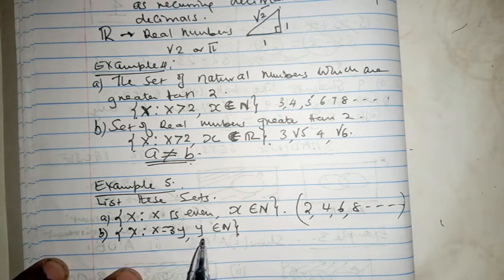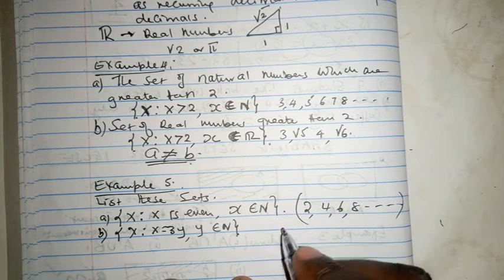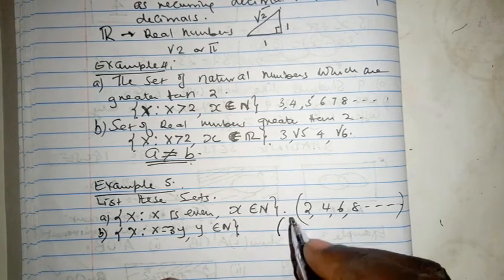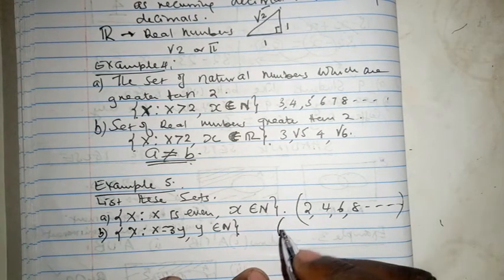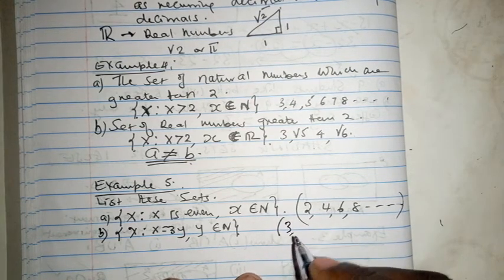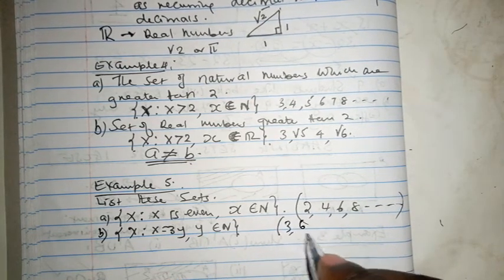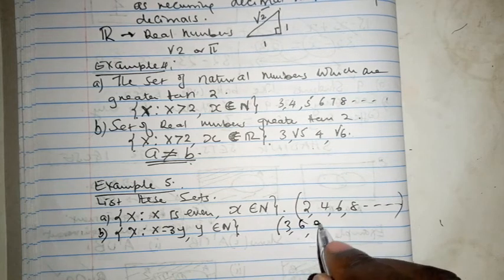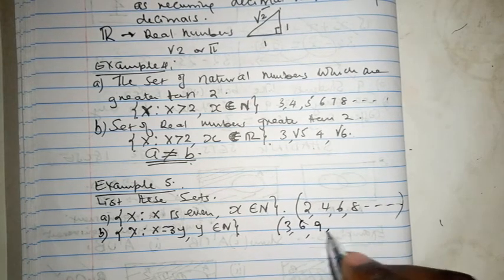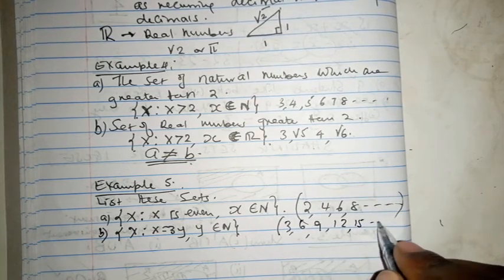So y is a natural number, meaning we can start from 1. When y is 1, 3 times 1 is 3. So you realize that the very first member of this set is 3. When y is 2, 3 times 2 is 6. Then we have 3 times 3, which is 9. We have 12, we have 15, moving forward.